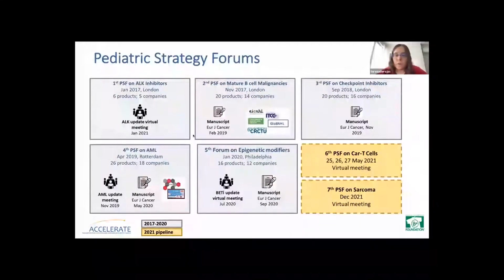But there have been other also very crucial strategy forums, such as on mature B-cell malignancies, on checkpoint inhibitors, on AML, which already had an update meeting itself, and also on epigenetic modifiers, which also had an update meeting in July last year. For this year, we have an upcoming meeting on CAR T cells in May, and at the end of the year, we will have a dedicated forum on sarcoma.